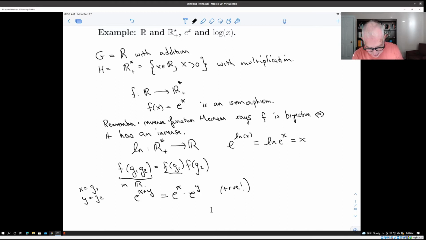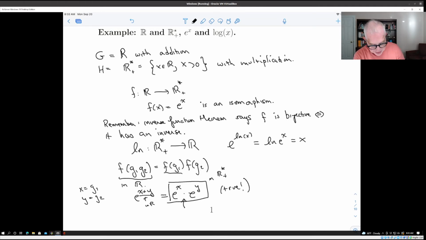So you notice that on the left-hand side, the group operation is addition. And on the right-hand side, the group operation is multiplication, because this takes place in R star plus, and this takes place in R. So the exponential function changes addition in R to multiplication in R star plus.